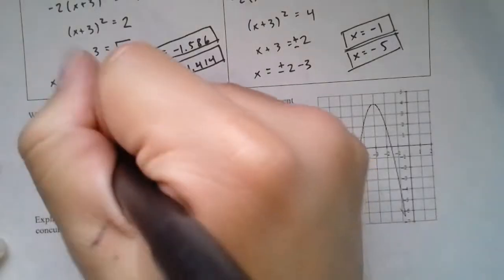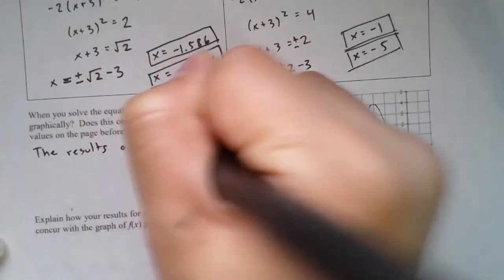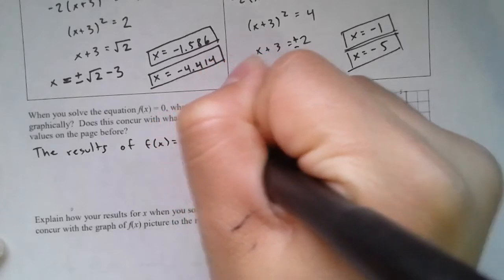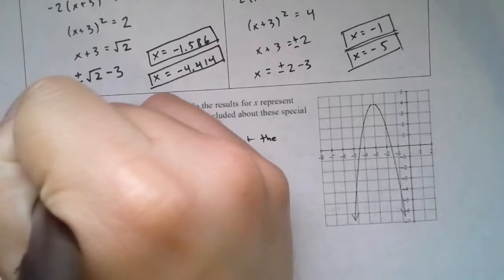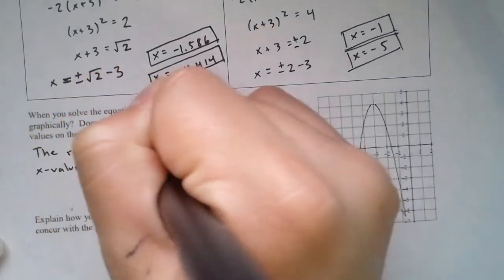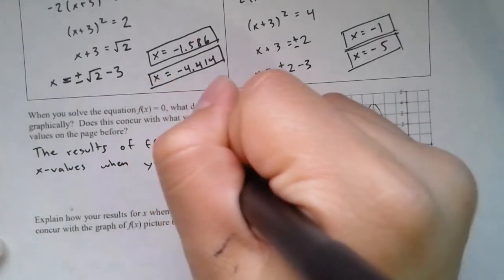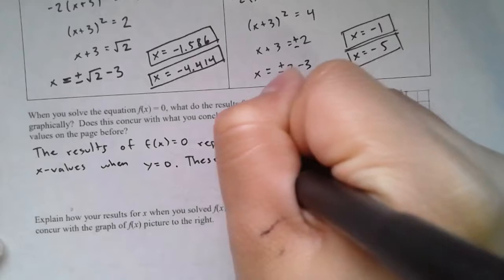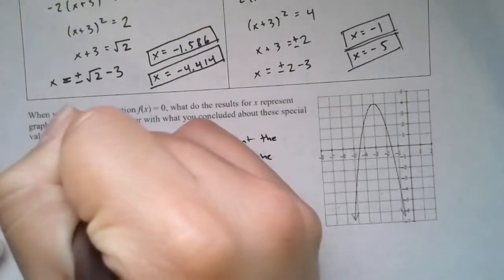The results of f of x is equal to 0 represent the x values when y is equal to 0. These are the zeros of f of x.